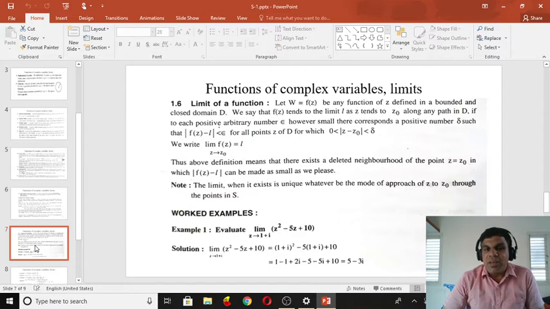Then we write limit z tends to z naught f of z equal to L. This is the limit of the complex variable.